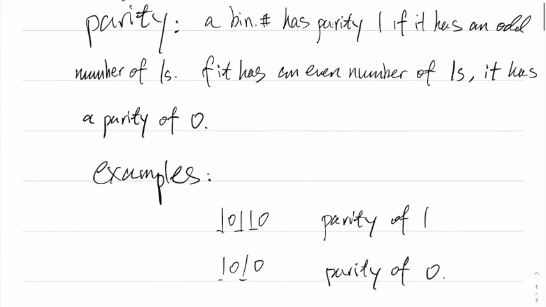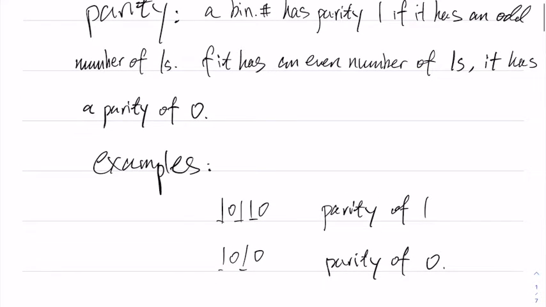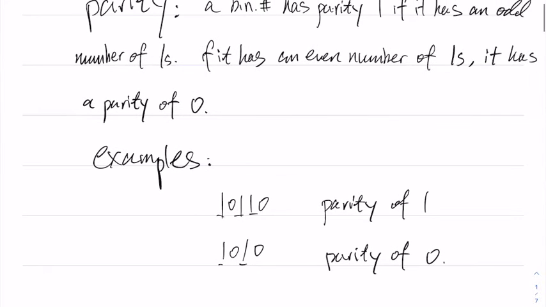As an example, if this binary number has 3 ones, 1, 2, 3, then it has an odd number of ones, so this corresponds to a parity of 1. And this binary number has 2 ones in it, and this corresponds to 0 because it has an even number of ones.